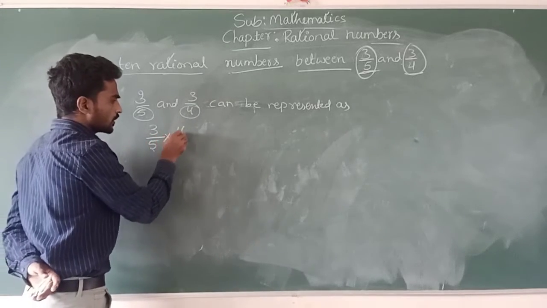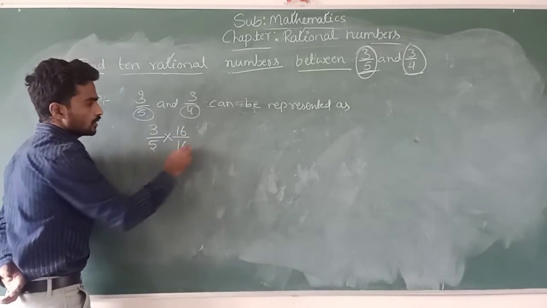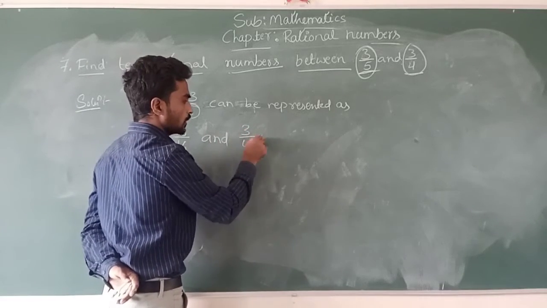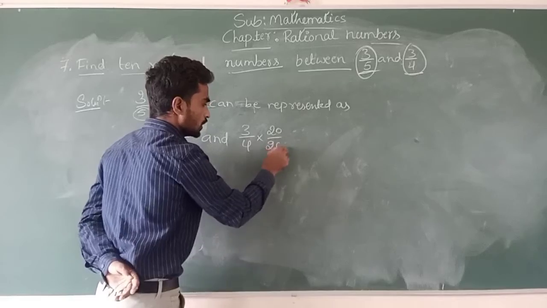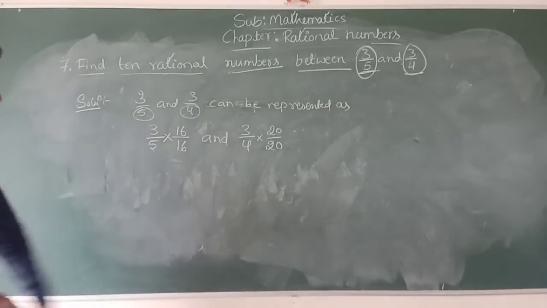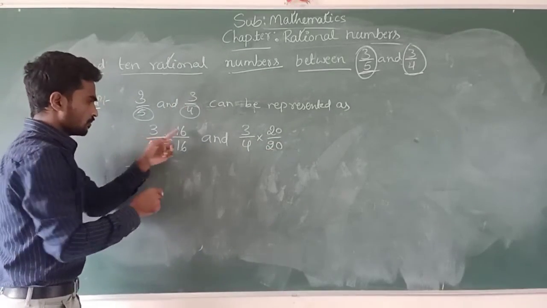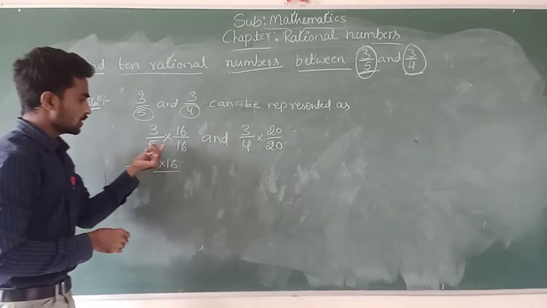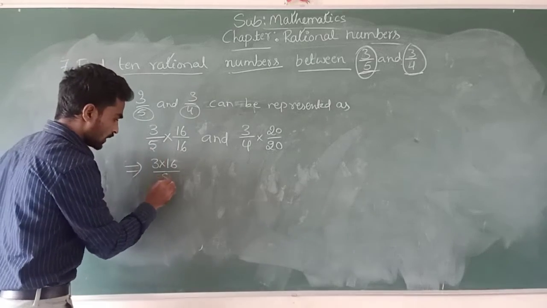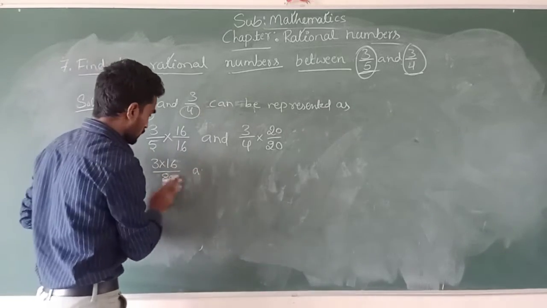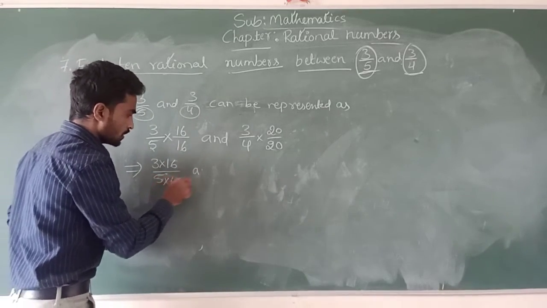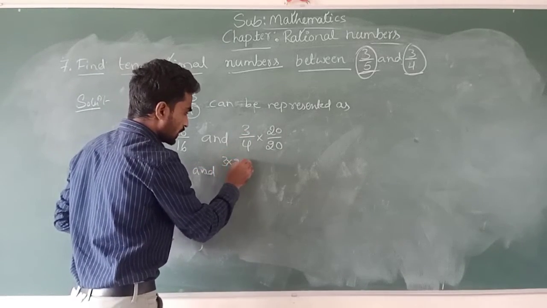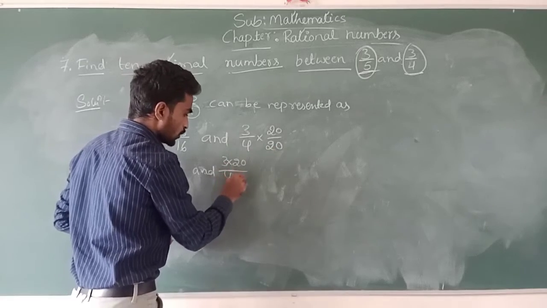Here multiply and divide by 16 for this number, and for this 3 by 4, multiply and divide by 20. Now we get, that implies, numerator into numerator: 3 into 16 divided by 5 into 16, and 3 into 20 divided by 4 into 20.